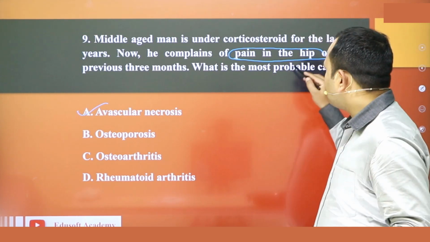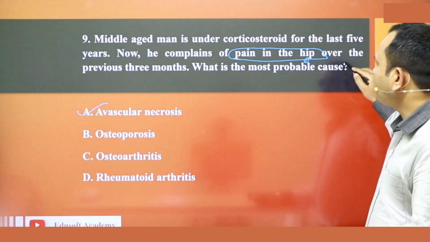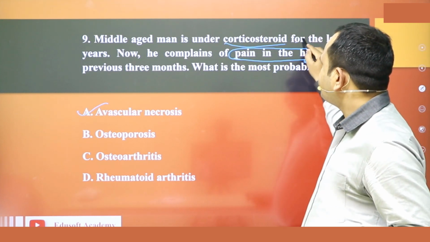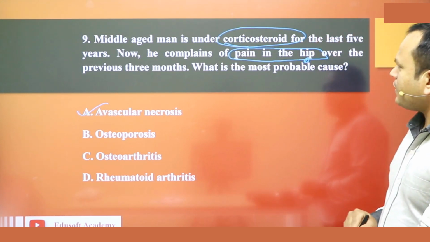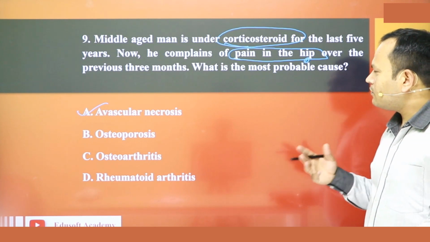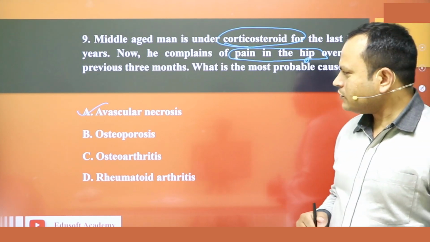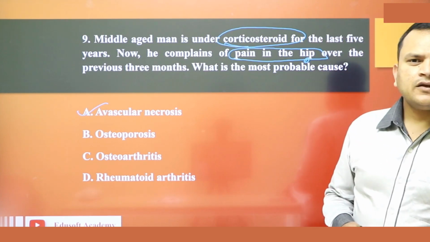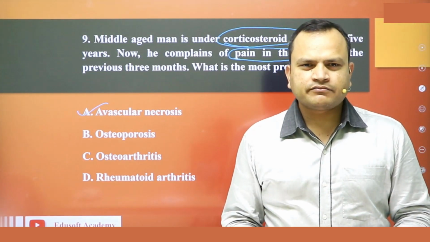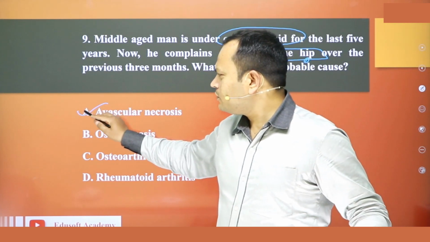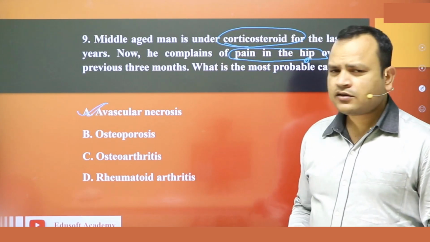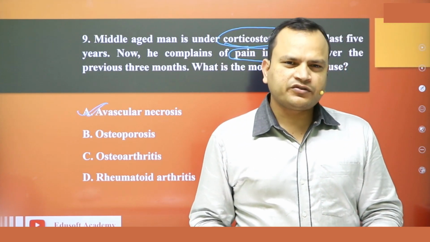One thing is he has pain in the hip joint, and he is under corticosteroid. These two factors are suggestive of avascular necrosis. So avascular necrosis of the hip joint is the most appropriate answer.